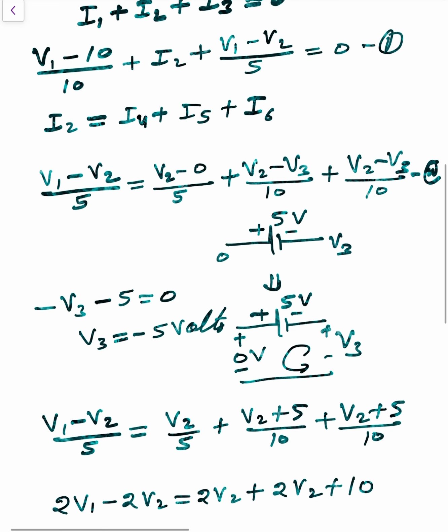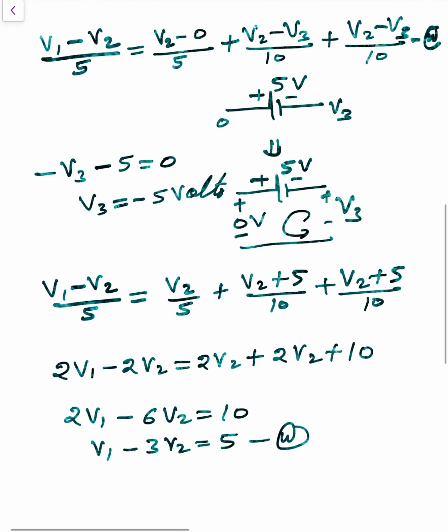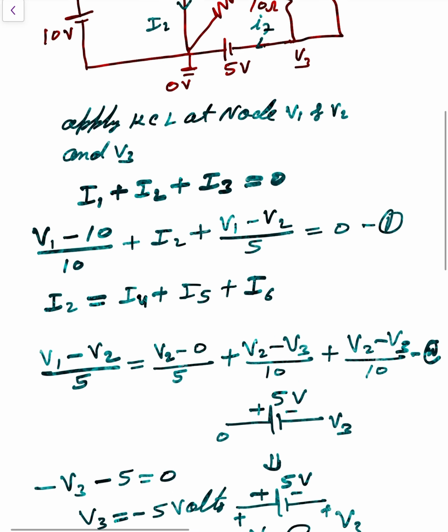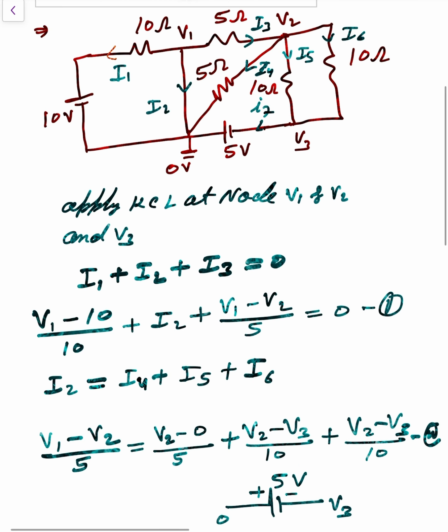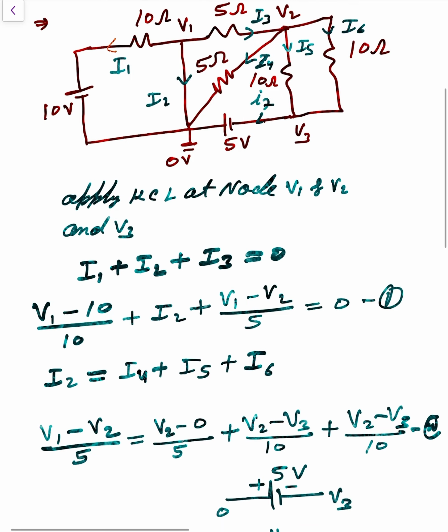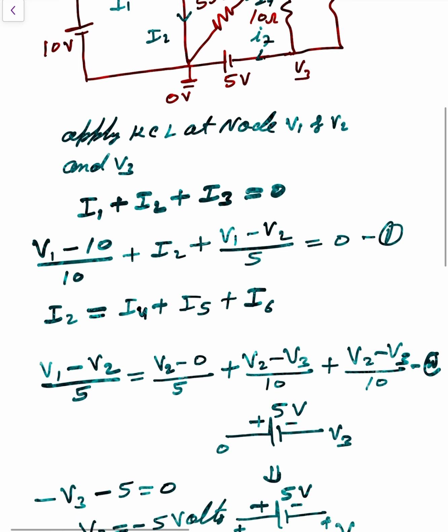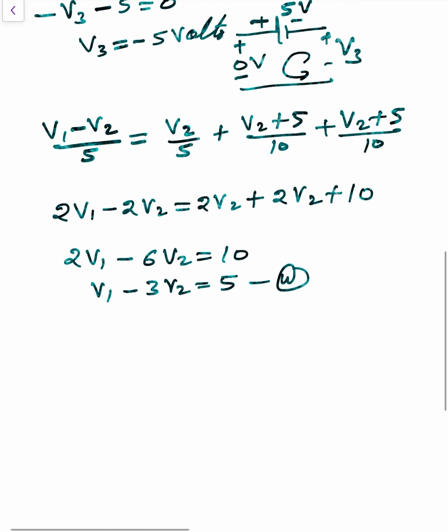Okay. If you put V1 minus V2, I2, I don't know what about I2. Okay. If you see very carefully, V1 is also 0 volt. Why?